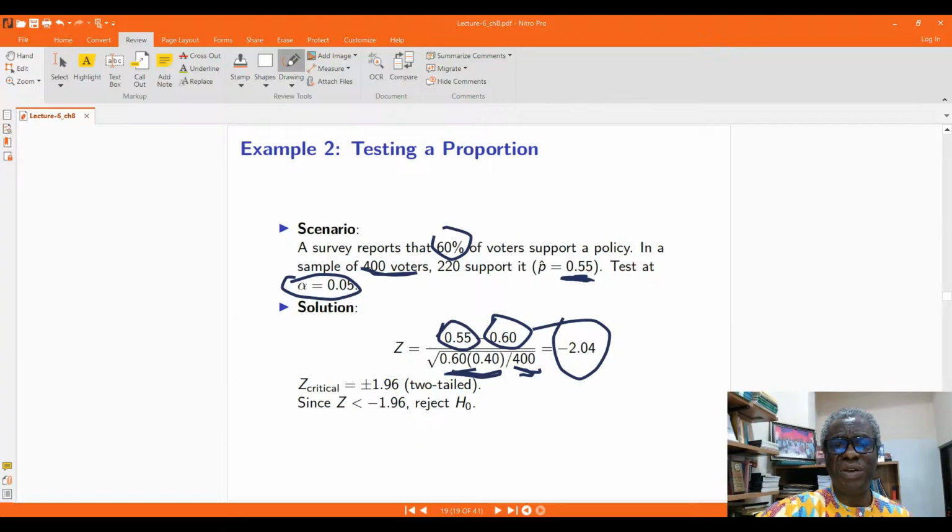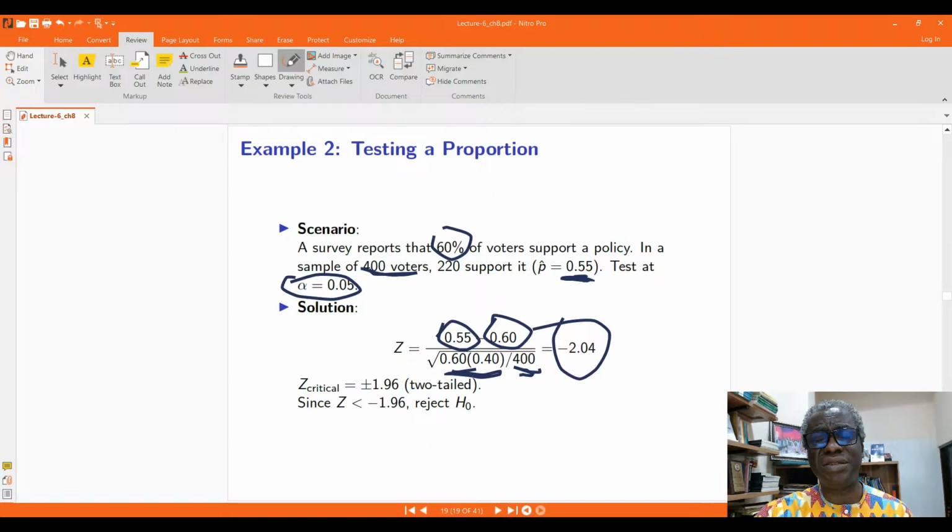So if you compare the computed Z, minus 2.04 is less than minus 1.96.